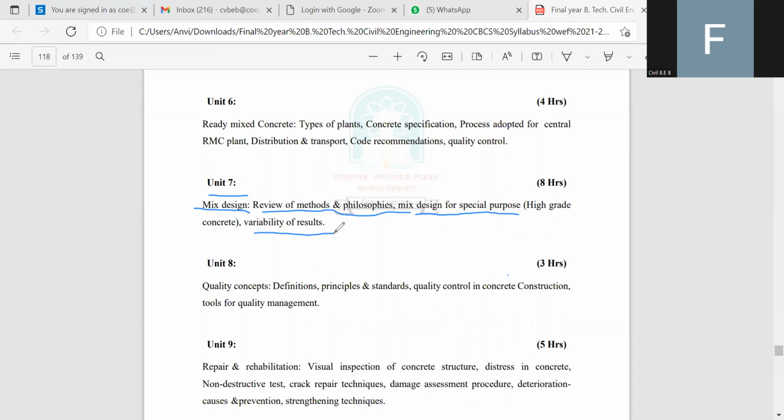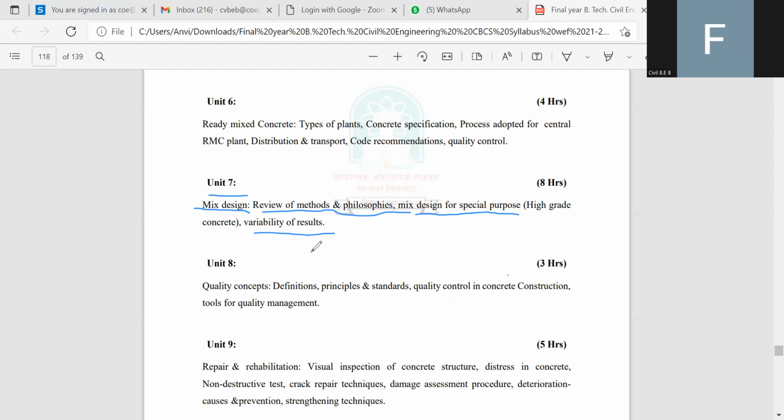Then variability of results: the various grades of concrete can be designed by testing the materials available on the site. So how much water absorption of the aggregate, how much water absorption of sand, then specific gravity of sand.